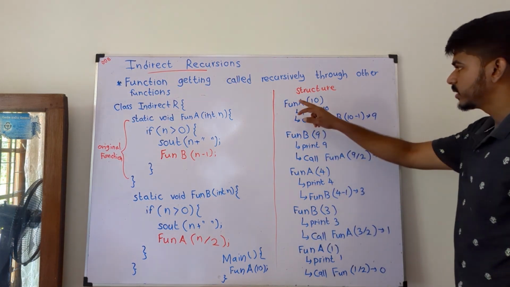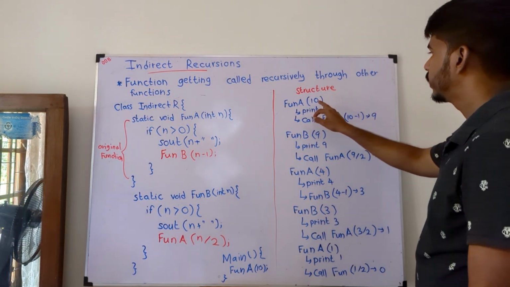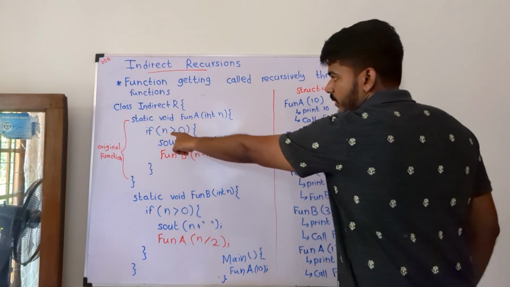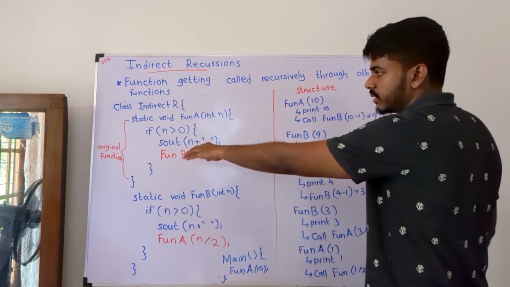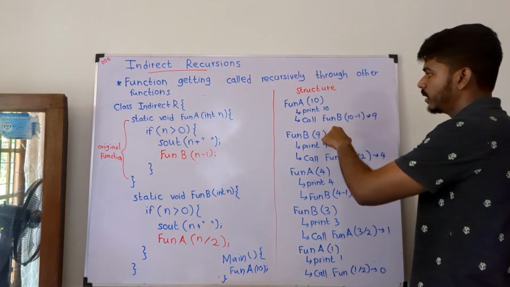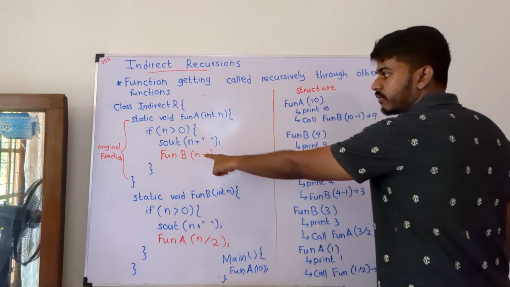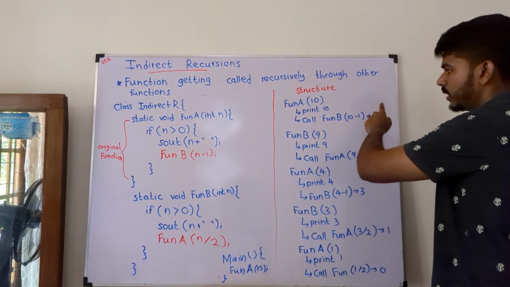Function A takes the integer 10 as an argument. It checks whether 10 is greater than 0, yes. Then it prints that number. After that, it calls function B by subtracting 1 from 10, so it's going to be 9.